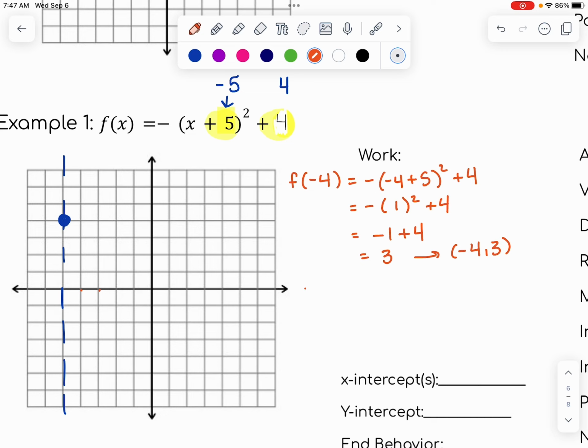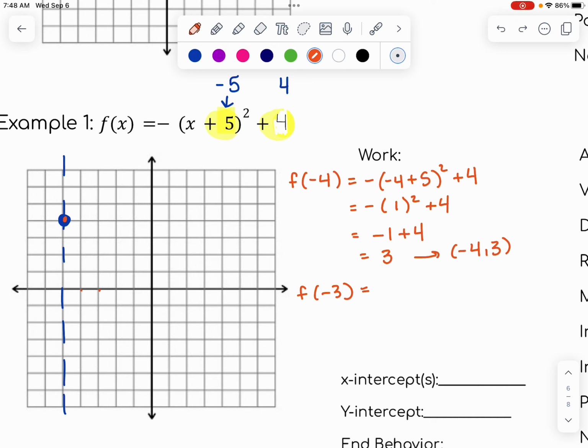The next number I'm going to plug in is negative 3. I'm just picking these because they are going to be around the vertex, okay? If you were to pick, say, positive 1, it would be fine because you can plug 1 in, but the value you get is probably going to be off of our graph. So that's not very helpful when we're trying to graph these equations.